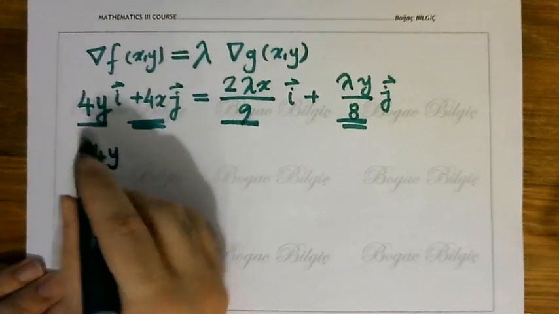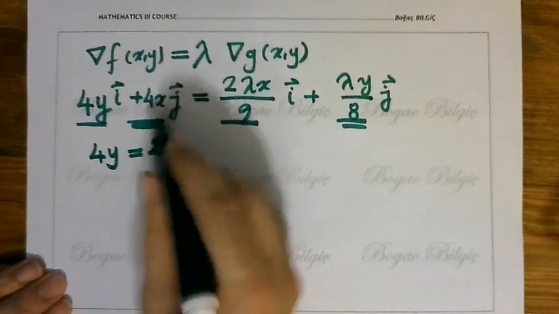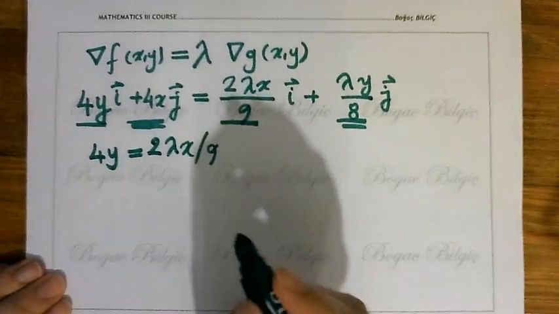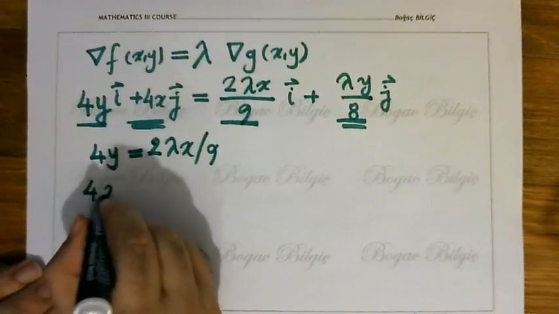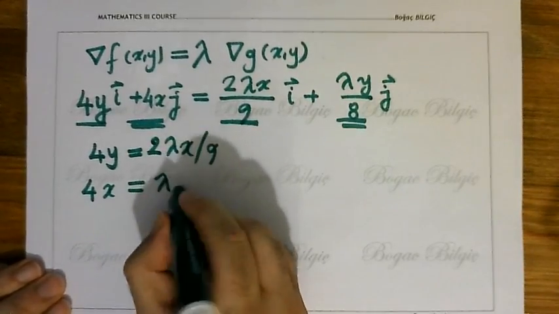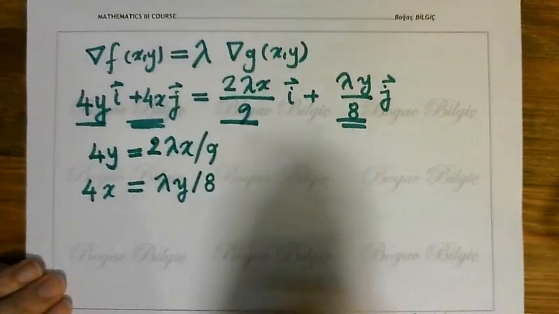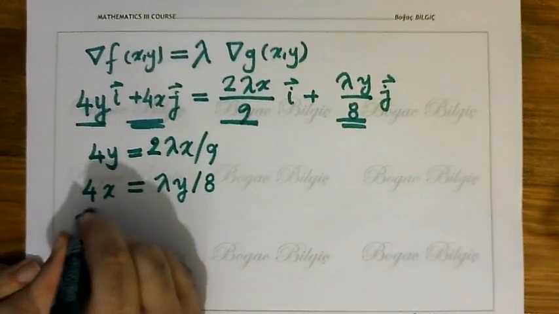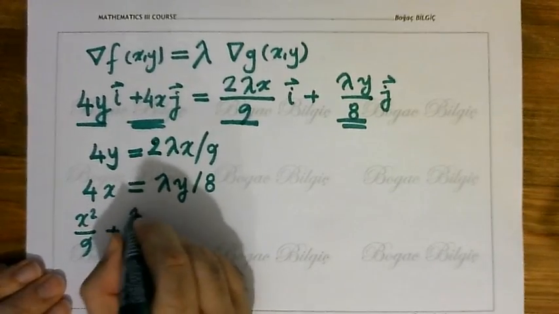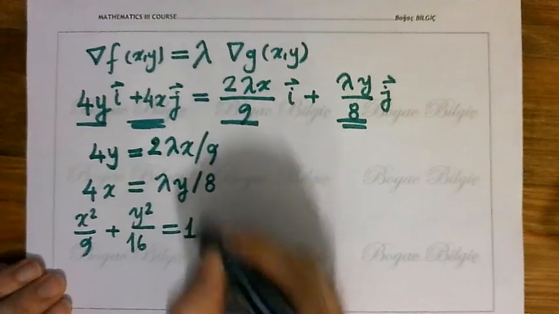4y is equal to 2 lambda x divided by 9. 4x is equal to lambda y divided by 8. And the constraint: x squared divided by 9 plus y squared divided by 16 is equal to 1.